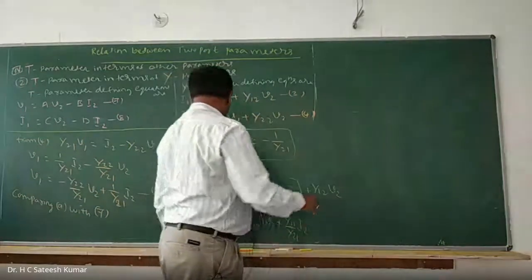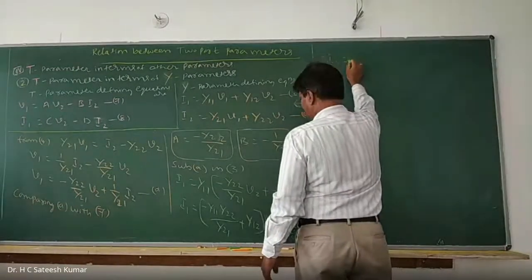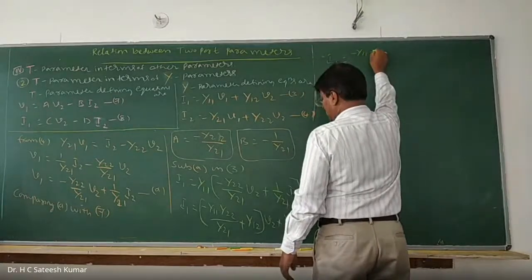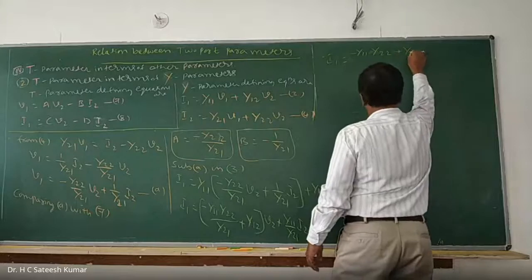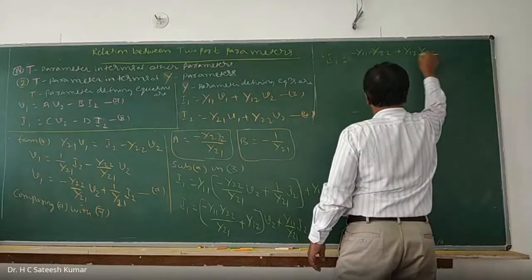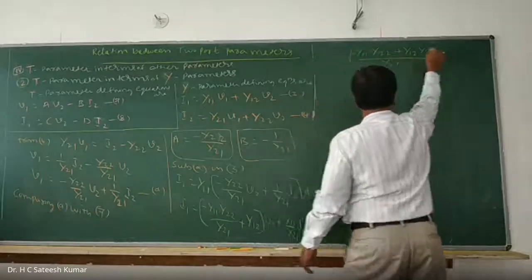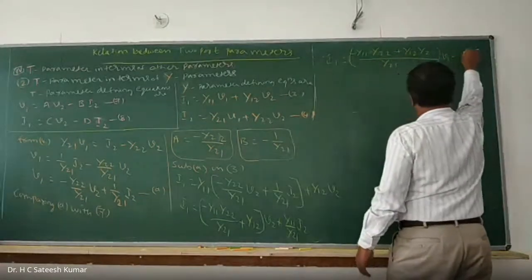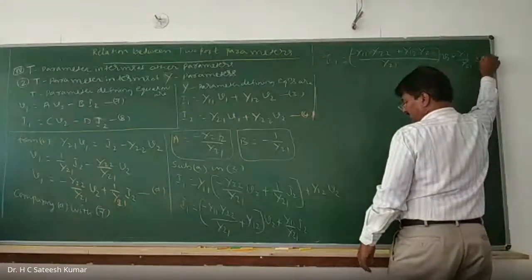Okay, right. Now what can we get? I1 is equal to minus Y11 into Y22 plus Y12 into Y21 whole divided by Y21 into V2 plus Y11 divided by Y21 into I2.